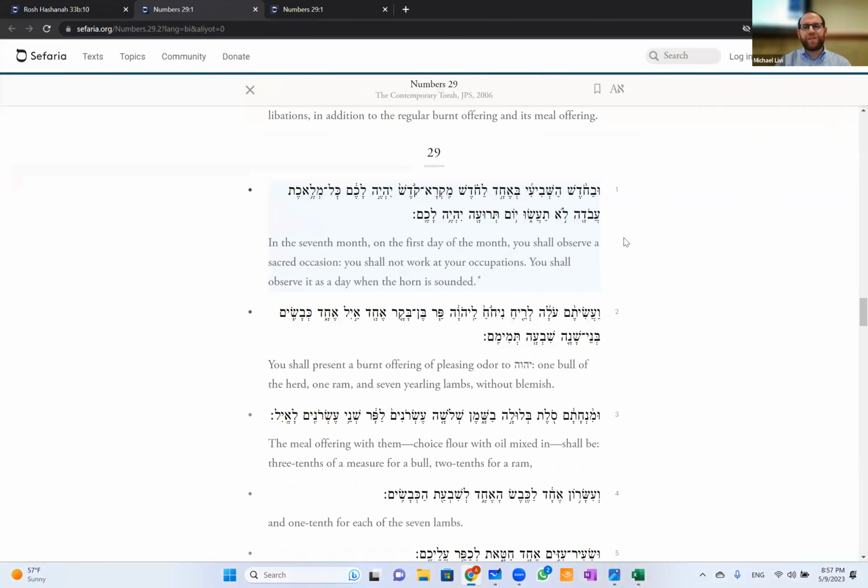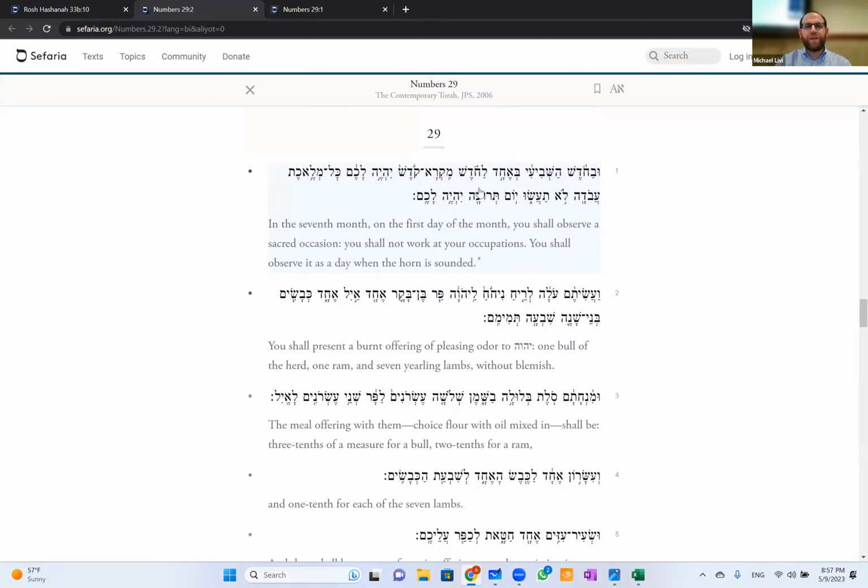In Parashat Pinchas, it says, Uvachodesh hashivi'i be'echad lachodesh: 7th month, first of the month. What is that? It's Rosh Hashana. Mikra kodesh yelachem, it's a holy day. Kol melechet avodah lo ta'asu, don't do work. Yom teruah yiyeh lachem, it should be a day of teruah, of blasts.